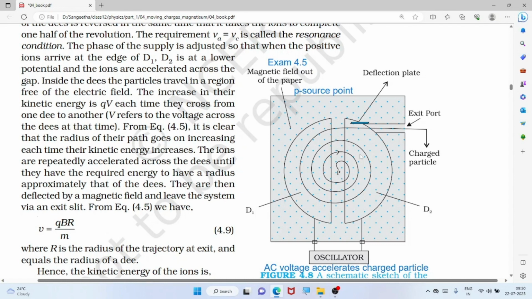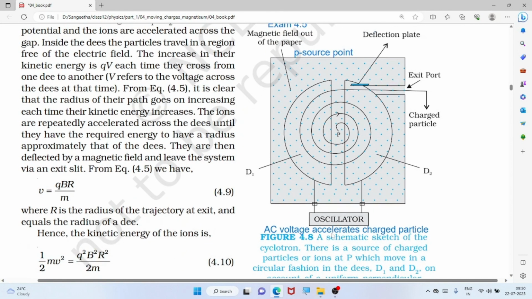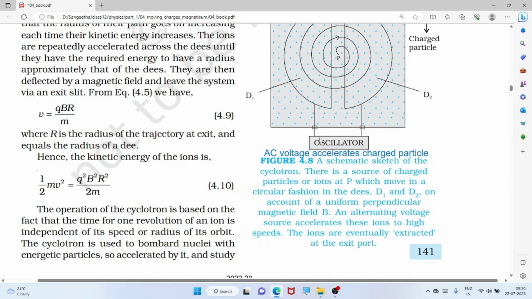Due to this, the particle takes a circular path, and it is accelerated by connecting to an AC voltage, that is the electric field. By changing the polarity of the disks, the charged particle gets accelerated. The AC voltage accelerates this charged particle.